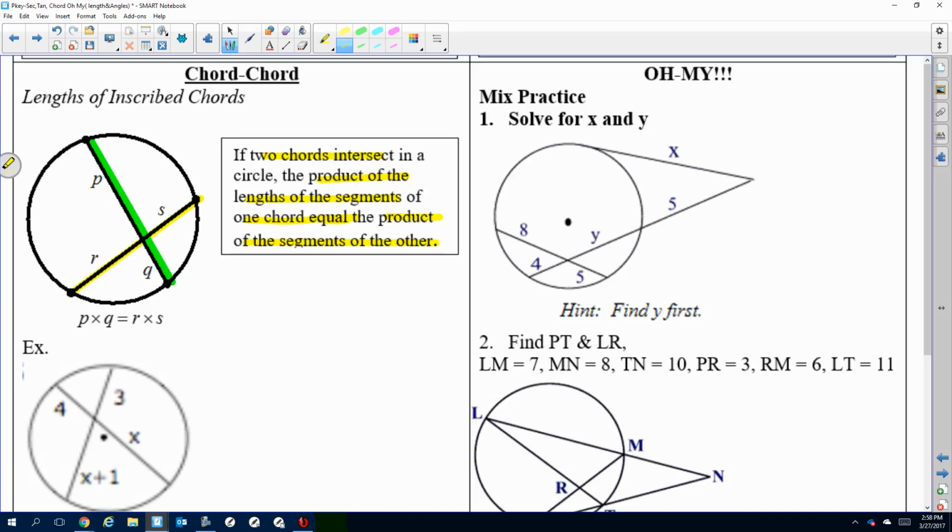So if I'm looking at my green chord that I highlighted, what are the parts to that green chord? P and Q. So P times Q is going to equal the parts to my yellow chord, which would be R times S.